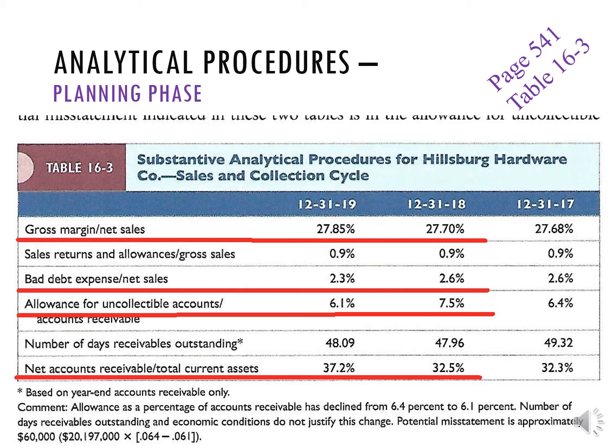Gross margins up. Bad debt expense is down. Allowance for doubtful accounts is down. Number of days outstanding hadn't really changed much. Receivables as a percent of total current assets is up. So this doesn't answer any questions, but it raises some questions. I need to look at accounts receivable and sales very closely.